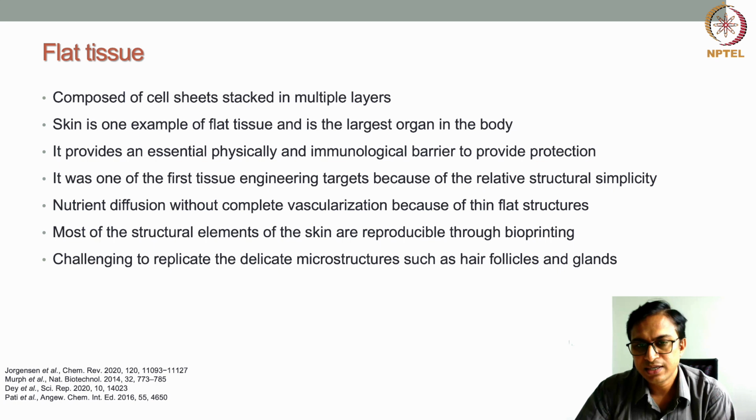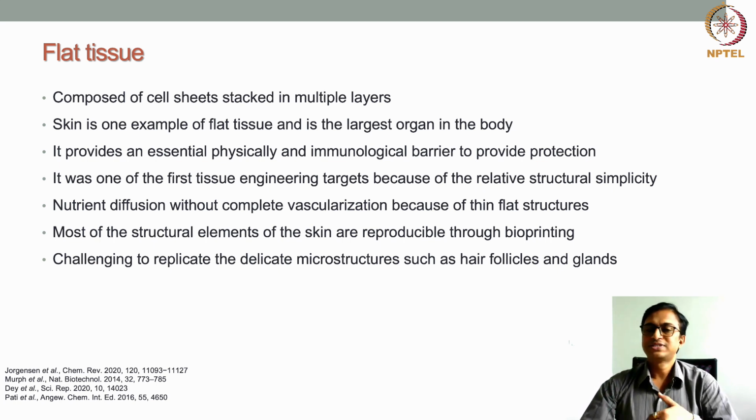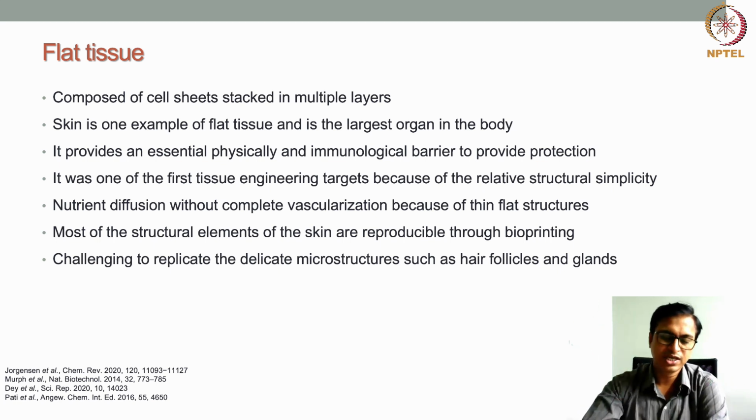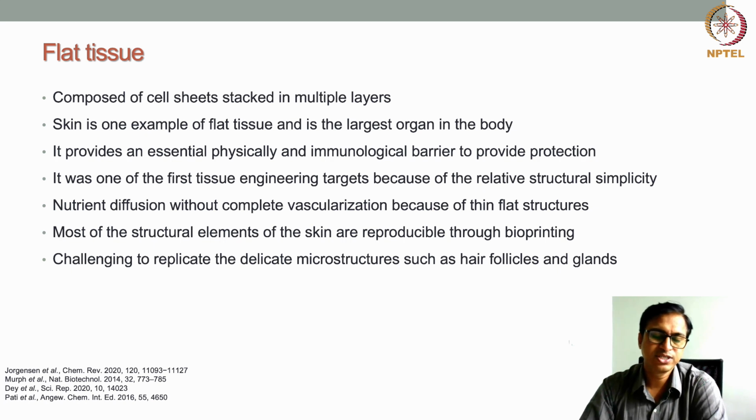That's why there is an enormous requirement for skin to address the problem of skin wound healing, due to trauma or injury or burn, where the skin loss can be huge.